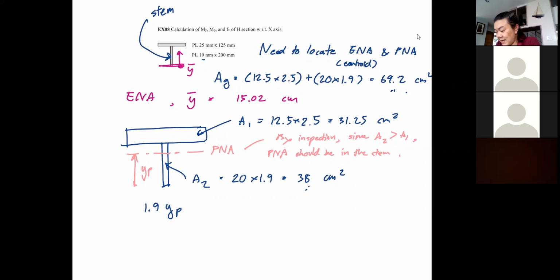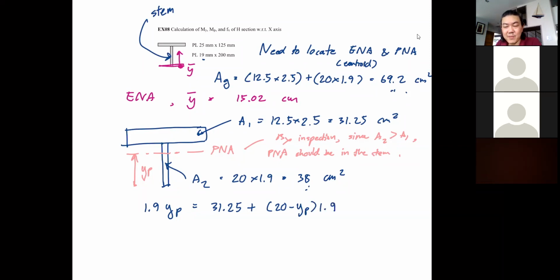You can set it up like this. This should be equal to 31.25 plus the length of this, which is 20 minus YP, multiplied by 1.9.